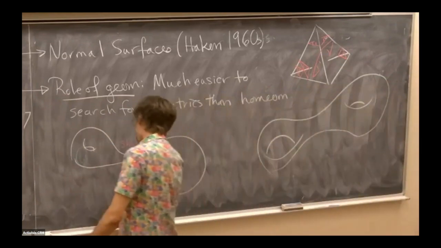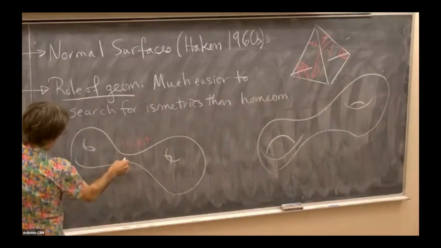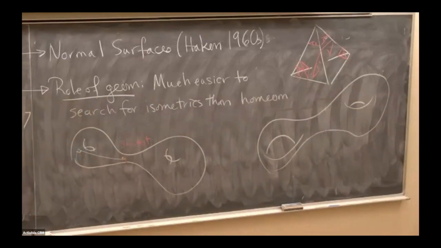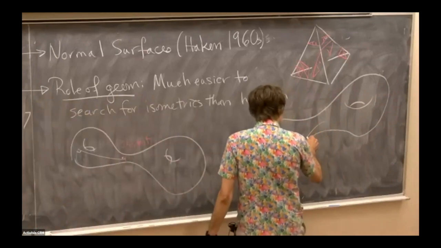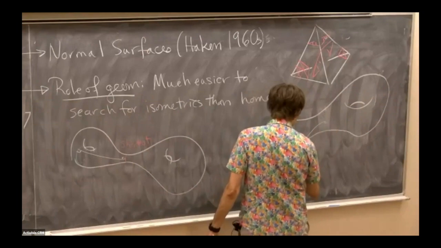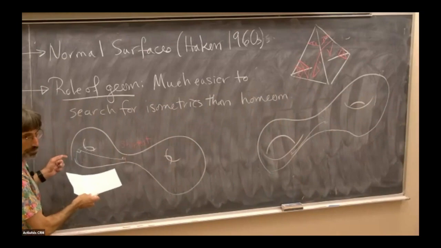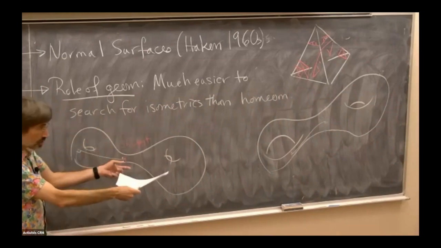Now we could look at the shortest arc between these two curves, and maybe this is the shortest arc here. And by this method, we're either going to effectively build the isometry, or we're going to get stuck.